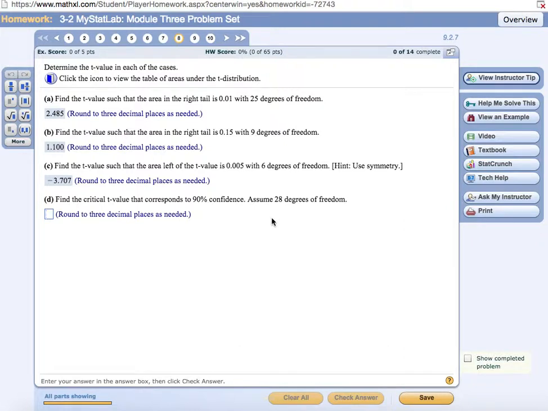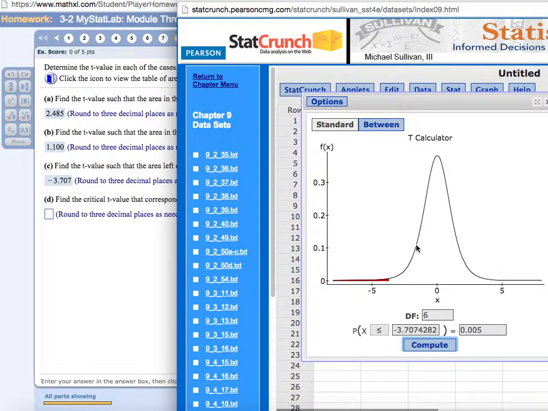That looks good. Now on this one, this is the t-value that corresponds to 90% confidence. The 90% would be the bulk, and then we'd have the 2 tails.